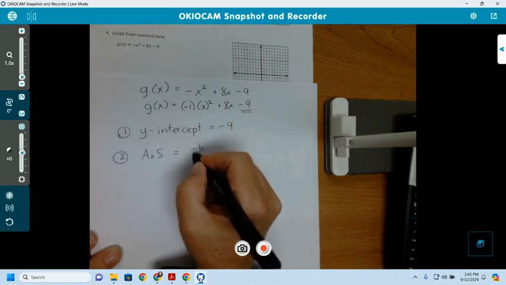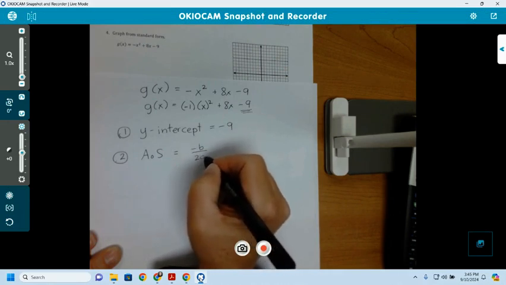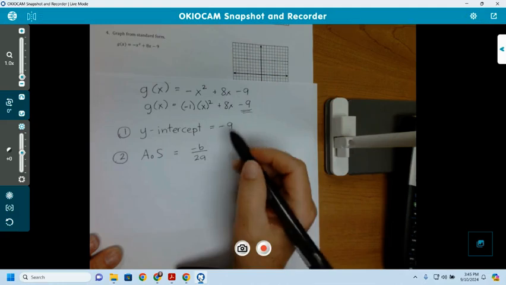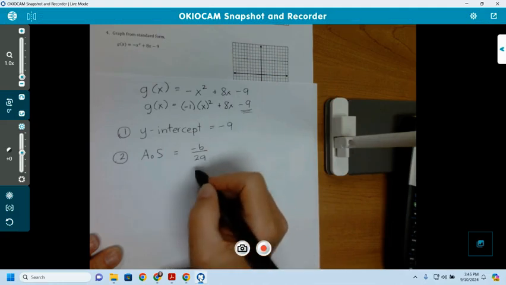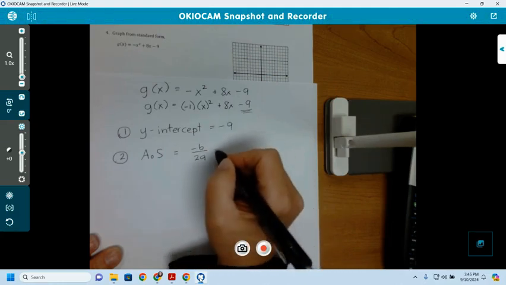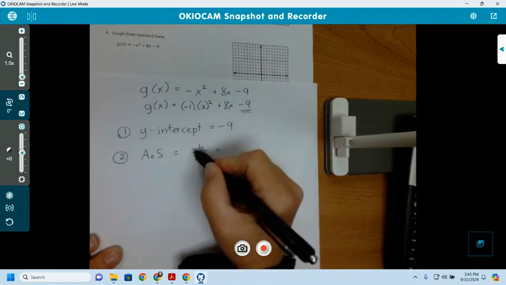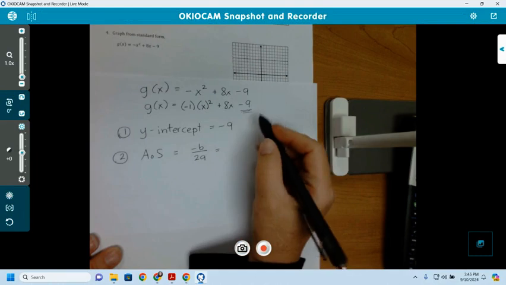Negative b over 2a, which means our axis of symmetry is equal to, well, b is equal to 8. I have the negative, so we're doing the opposite of 8.